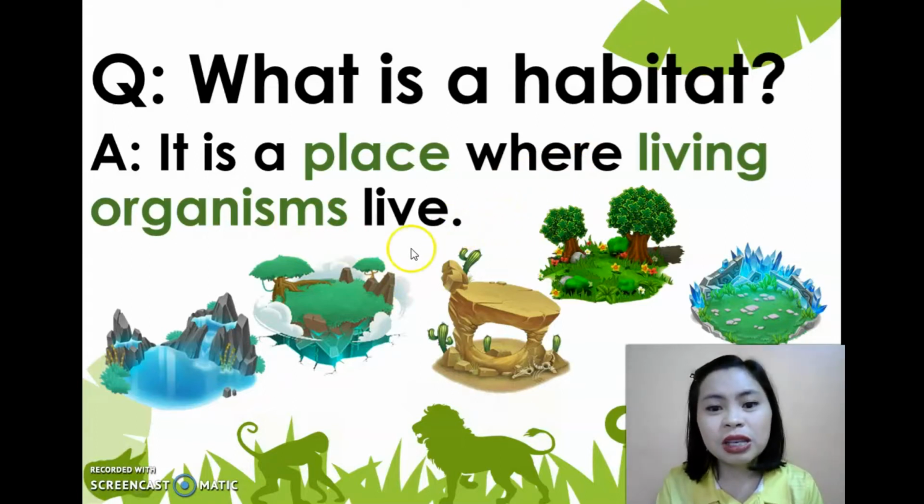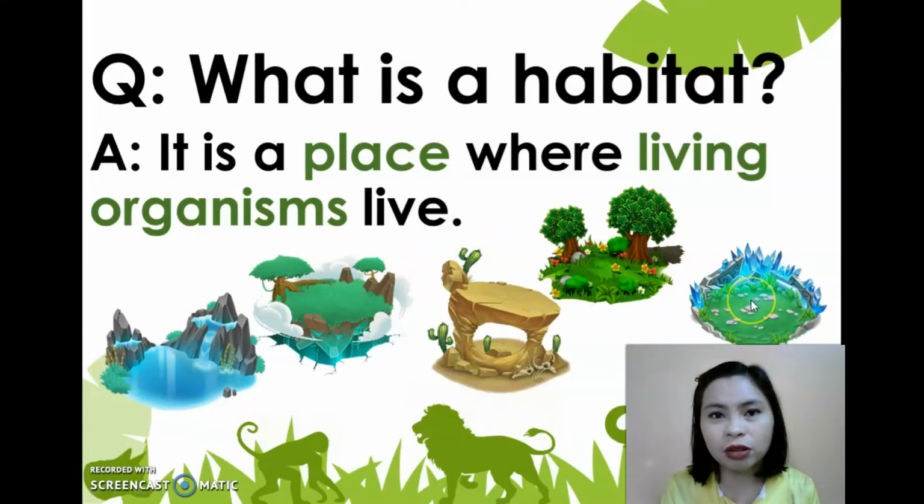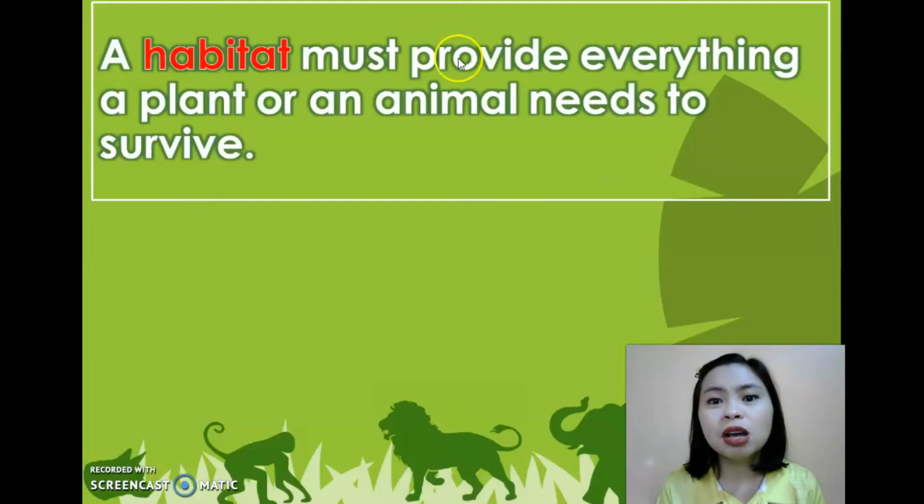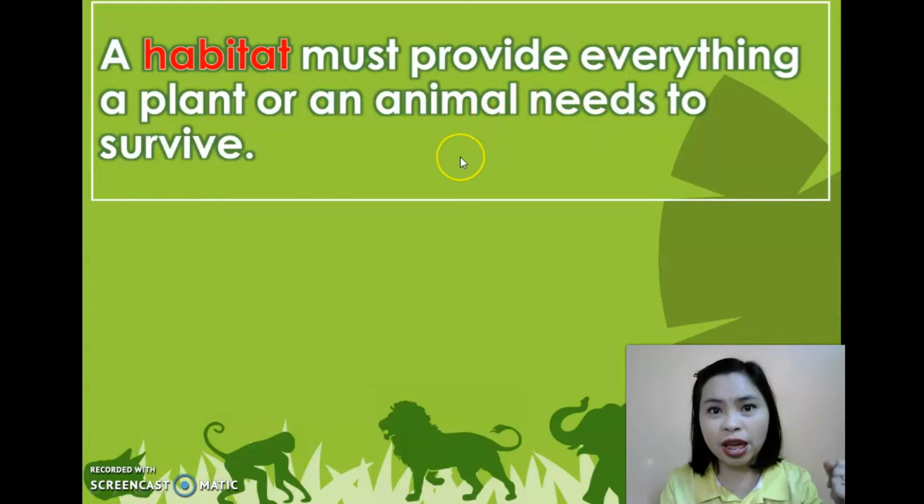Okay, these are some of the habitats that we are going to learn today. Are you ready? Okay, so here, a habitat is a natural environment for the living organisms, and a habitat must provide everything a plant or an animal needs to survive.